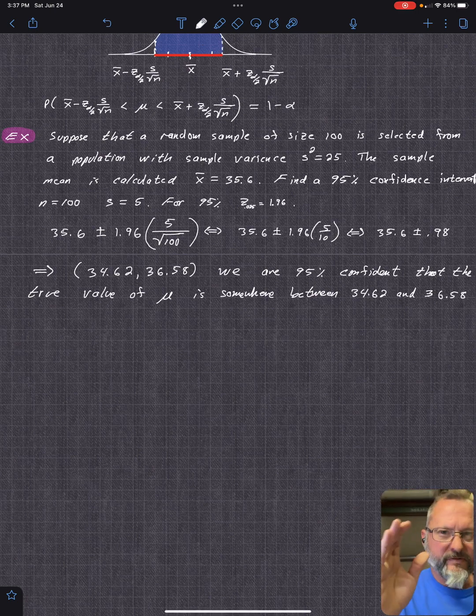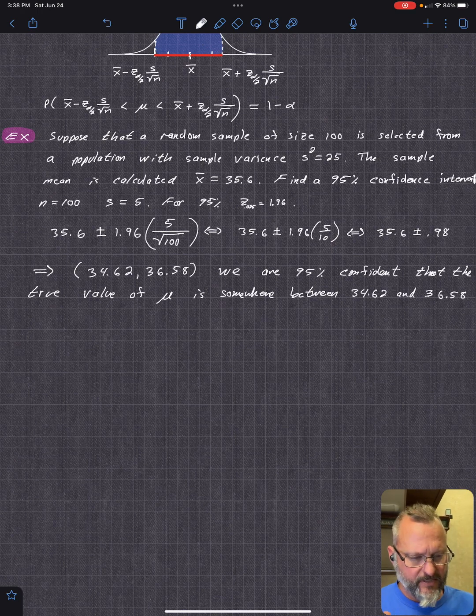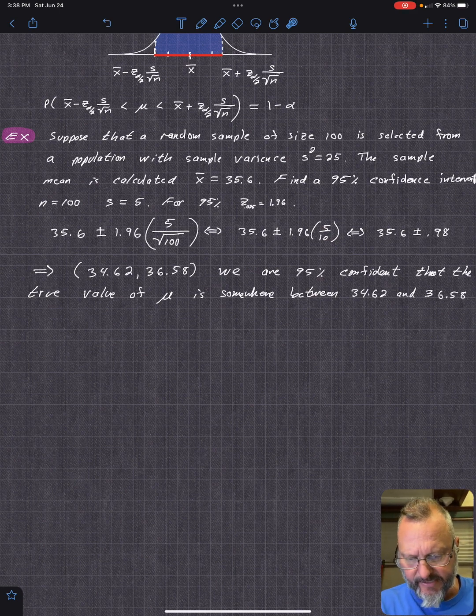So it gives you basically a range, upper bound, lower bound, and that's your confidence. So be able to do this construction of a confidence interval. You could do this same question and try a 98% or 99%. And we'll do one later for those different cases.